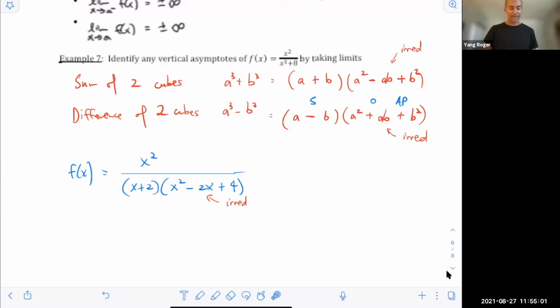So now that I factor the denominator like this, do you guys know what the vertical asymptote is going to be? That's right, Luis. X equal to -2, because x equal to -2 makes this term right here 0. Okay, so this would be our answer.